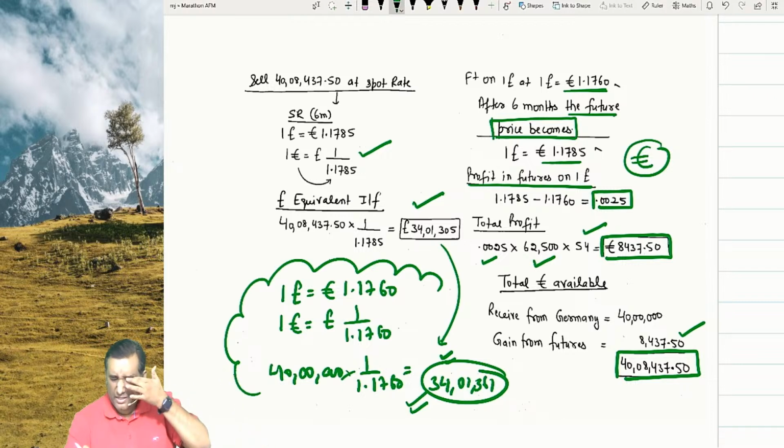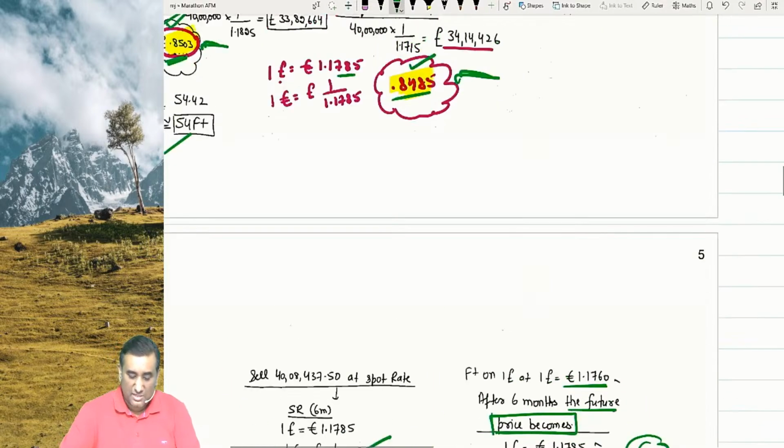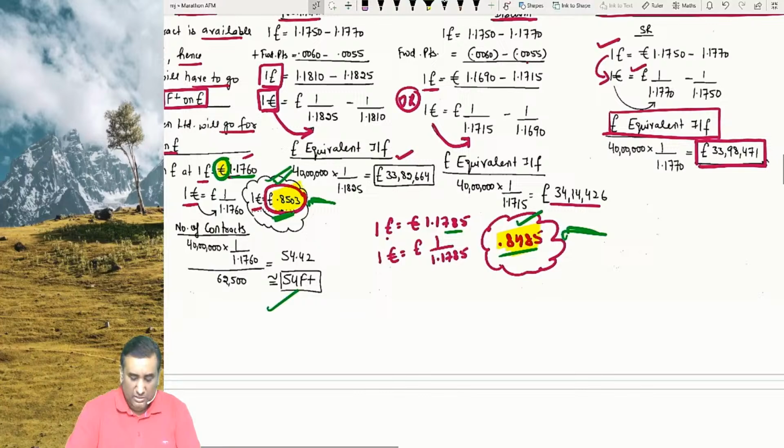The only problem, and the cross check cannot happen in the exam, is when your spot and the future market are slightly different. In this case, since spot and the future rate are the same, I can make it out clearly. My promise is 0.850, cash market 85. Ultimately that has to be compensated by.